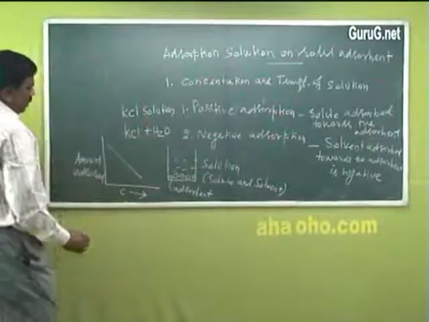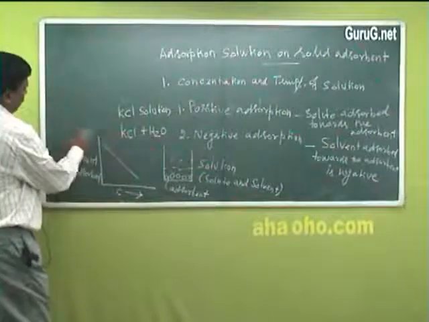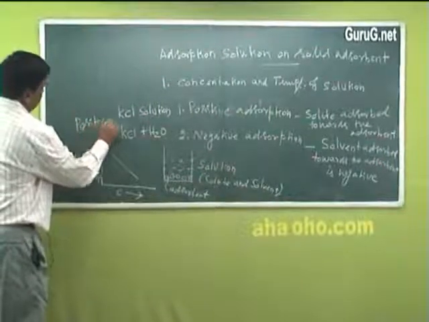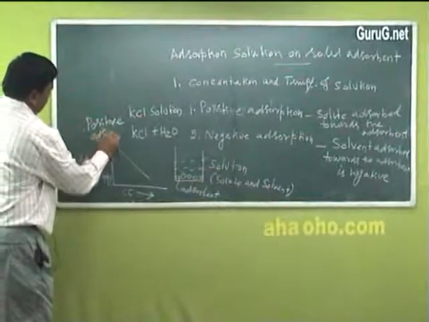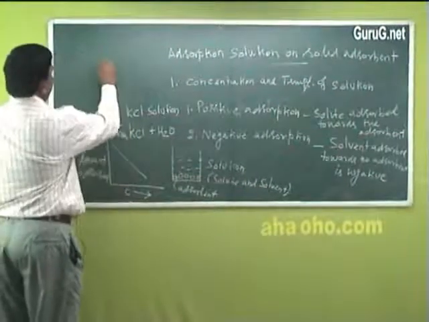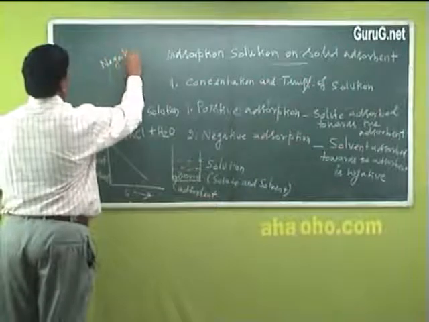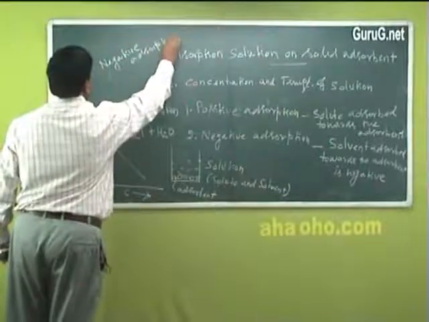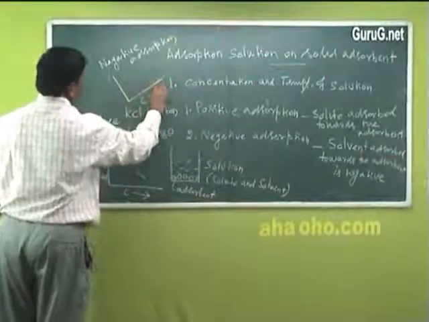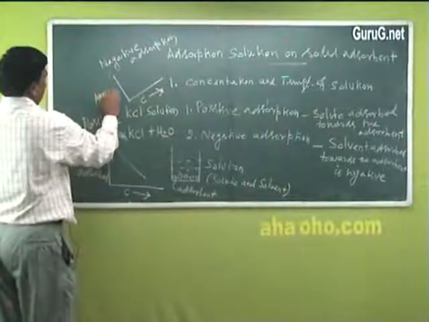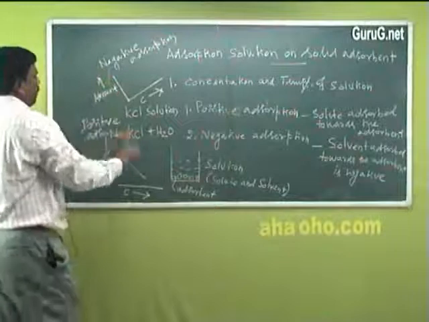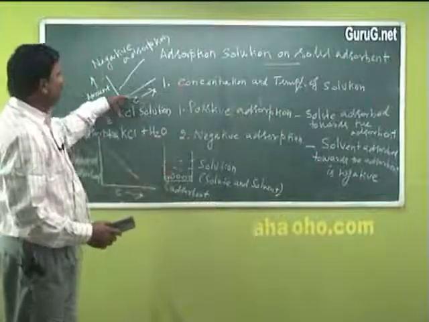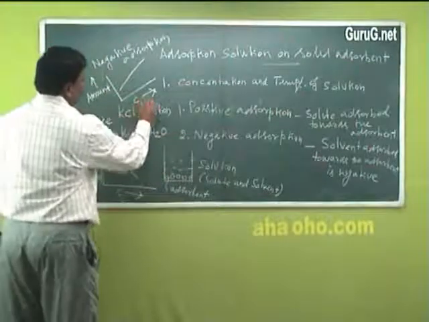Negative adsorption: so this is C, KCl concentration. Here amount adsorbed increases, because in the case of negative adsorption, water gets adsorbed, so KCl concentration increases.